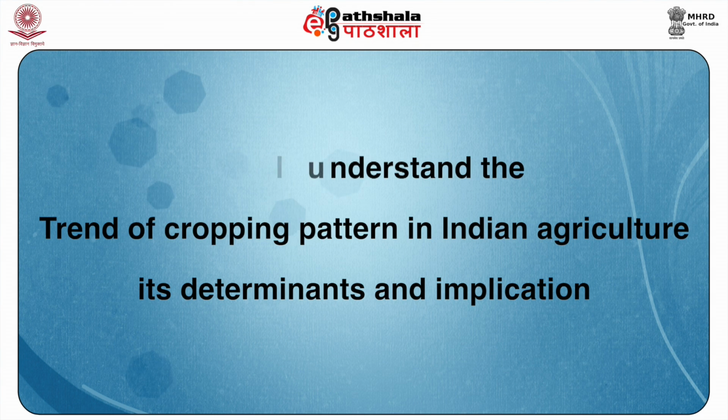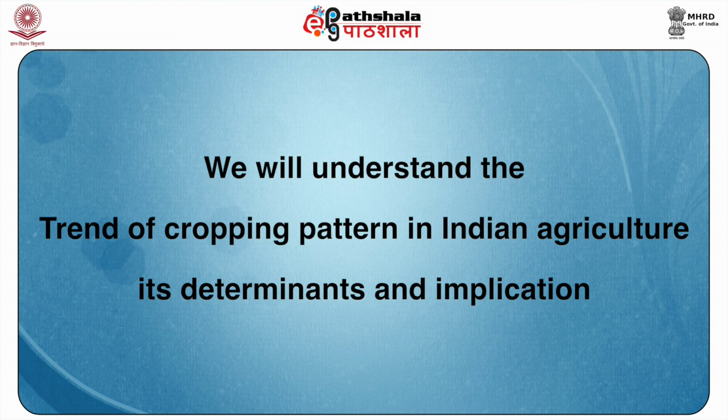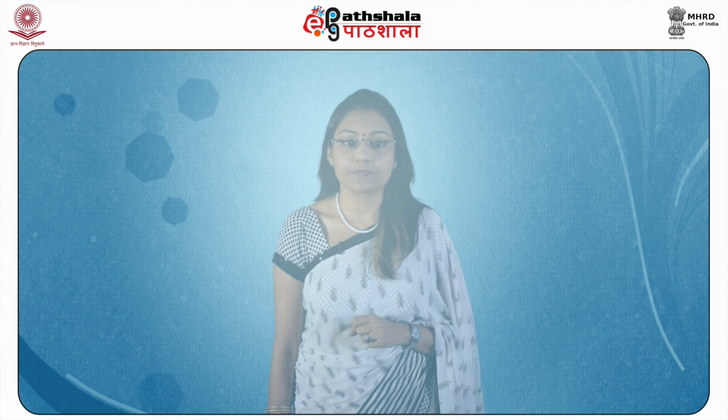Such doubling of production was on account of area increased by 18% and rise of yields by 66%. Now, we will understand the trend of cropping pattern in Indian agriculture, its determinants and implication.